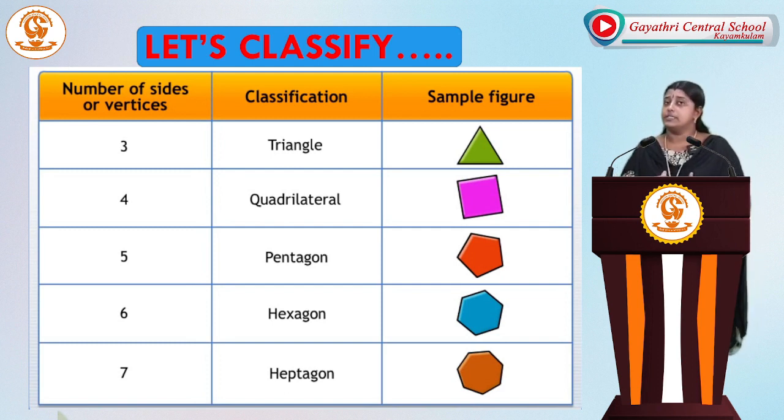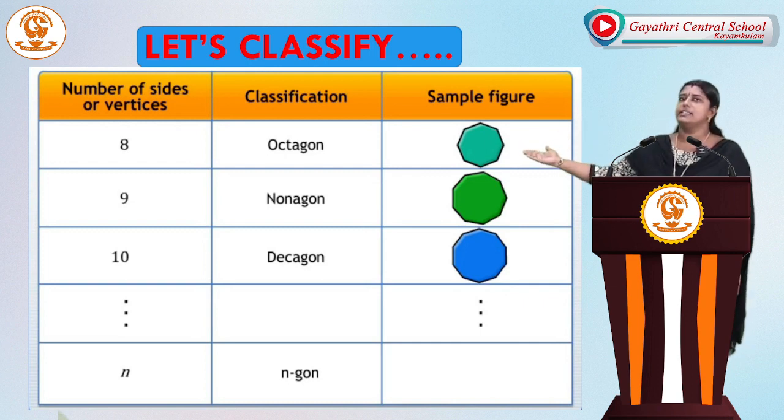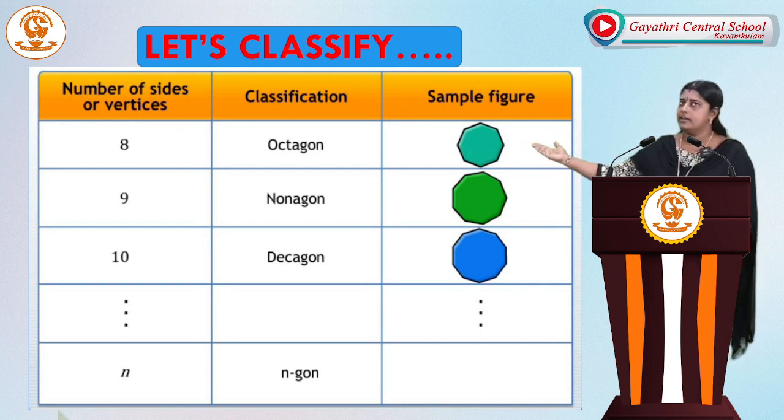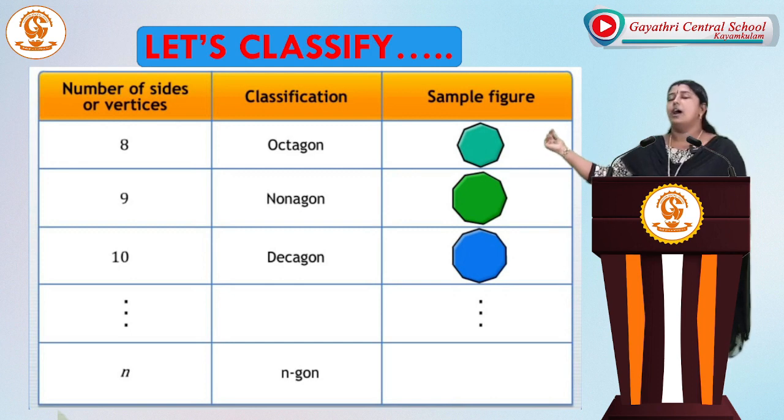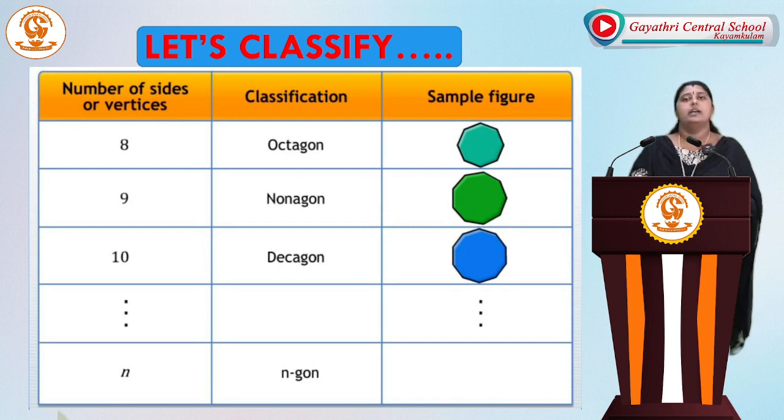And a polygon with six sides is a hexagon. Then seven sides, it is a heptagon. Then a polygon with eight sides is an octagon. A polygon with nine sides is known as a nonagon. Then a polygon with 10 sides is a decagon.